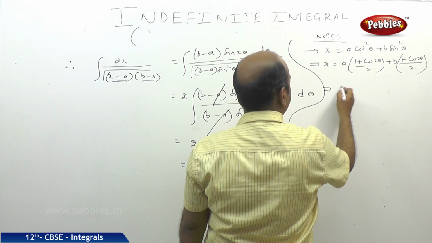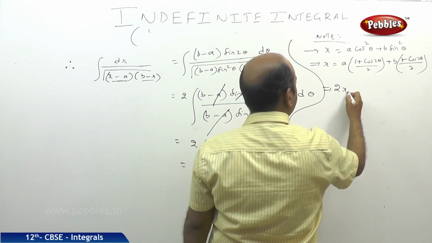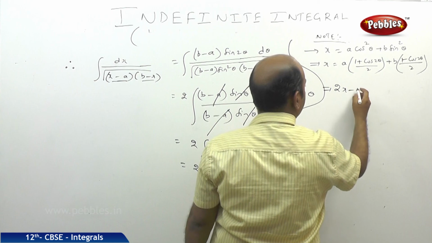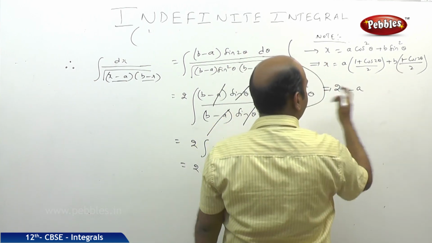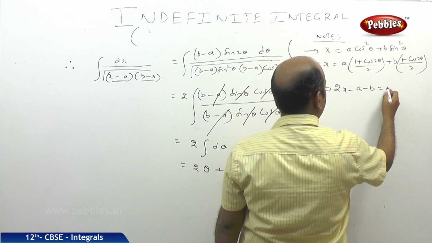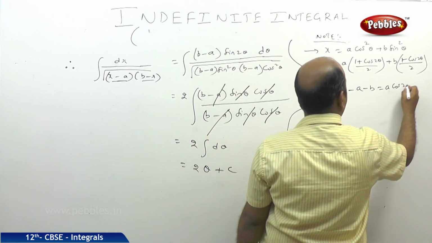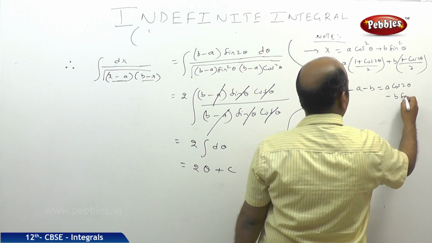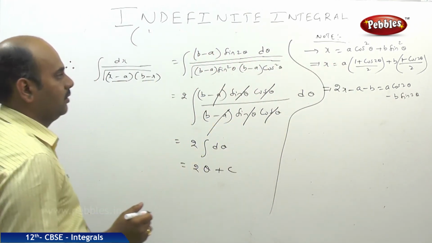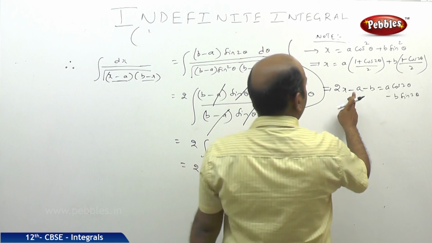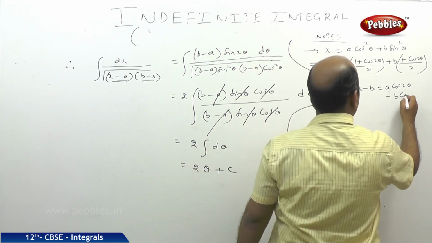So finally what happens? This 2 will be going up because 2 is the LCM here. So 2x, and here a will be there, that a also I will throw this side, and b also I will throw this side. So 2x minus a minus b is equal to a cos 2 theta minus b cos 2 theta.